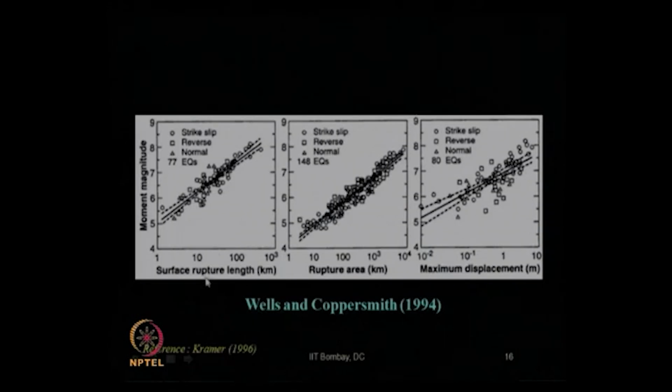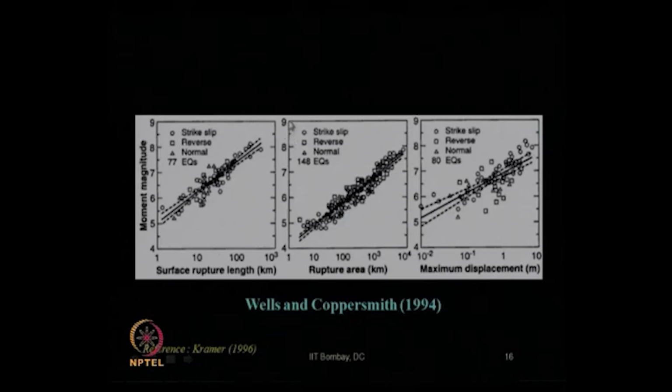We will see this slide, moment magnitude versus surface rupture length in kilometer. This is for length for various strike slip, reverse fault and normal fault for 77 recorded earthquakes. They put all the points and then used a regression equation which best fits those points.